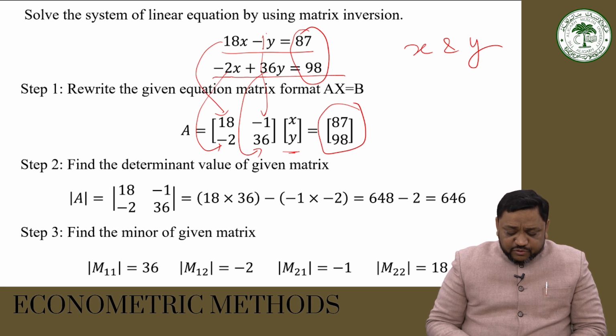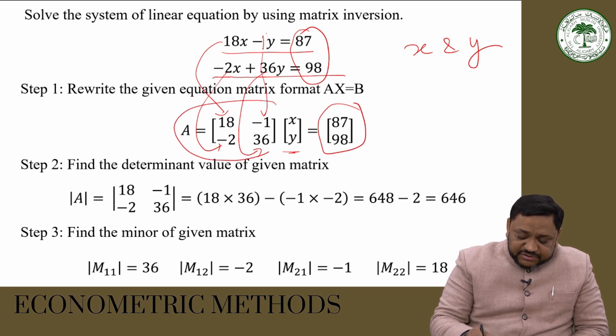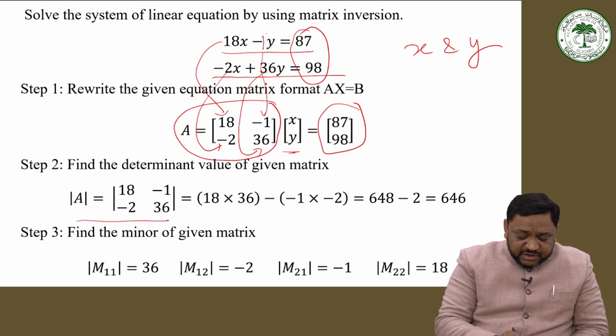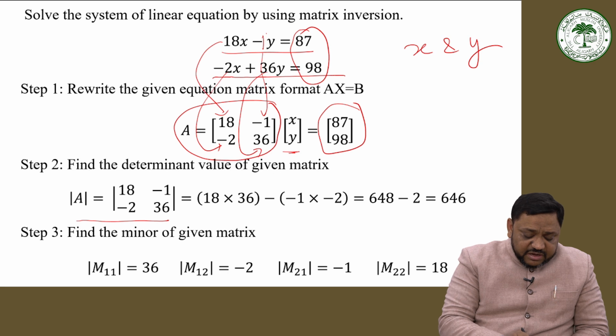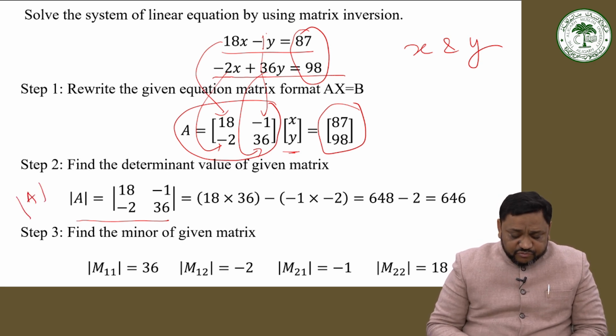Now we try to find the determinant of this matrix. We show the determinant by the sign A with two lines on both sides. This indicates that we are going to calculate the determinant.